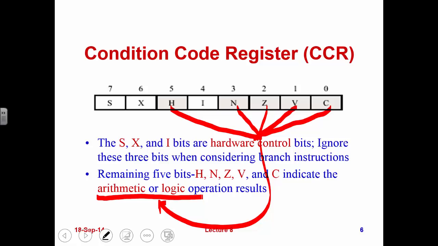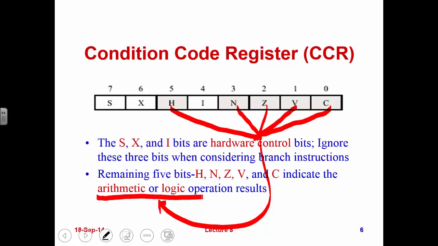The bit C, bit V, bit Z, bit N, and bit H. They are the testing bits. They mainly indicate the test result of arithmetic and logical operations. Very, very important. C is the carry bit, V is the overflow bit, Z is the zero bit, N is the negative bit, and H is the half carry bit. So we are very interested in these bits.